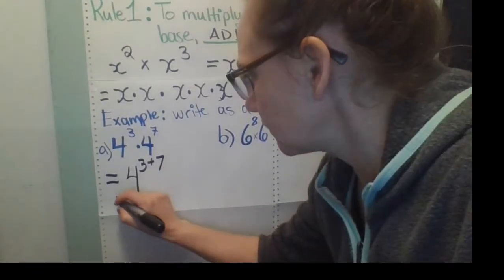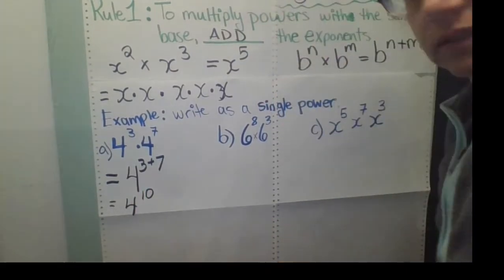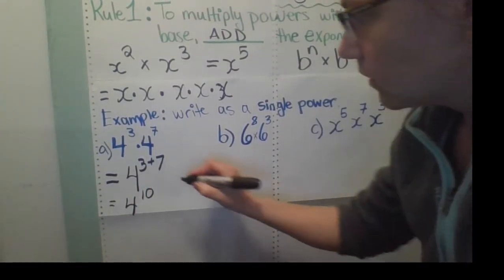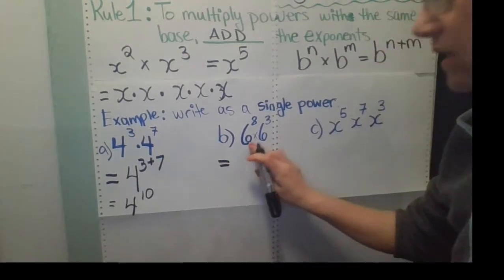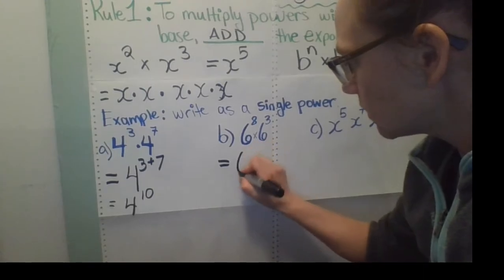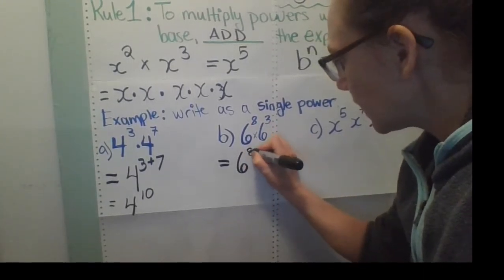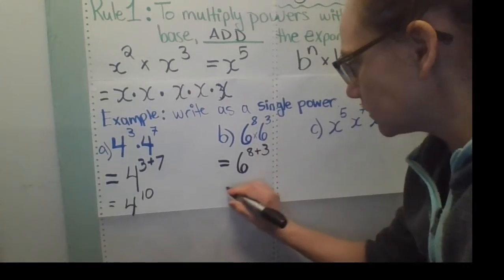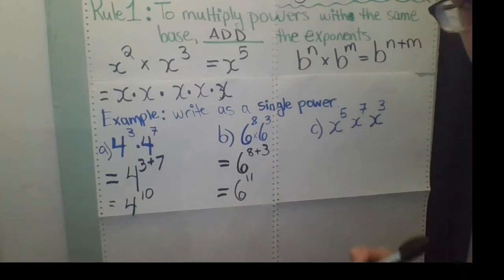And what does 3 plus 7 equal? Well, I have 4 to the exponent 10. Okay, let's do the next one. Here I have the same base, which is 6. I have exponents 8 and 3, so let's add them up. 8 plus 3, so my final answer is going to be 6 to the 11.